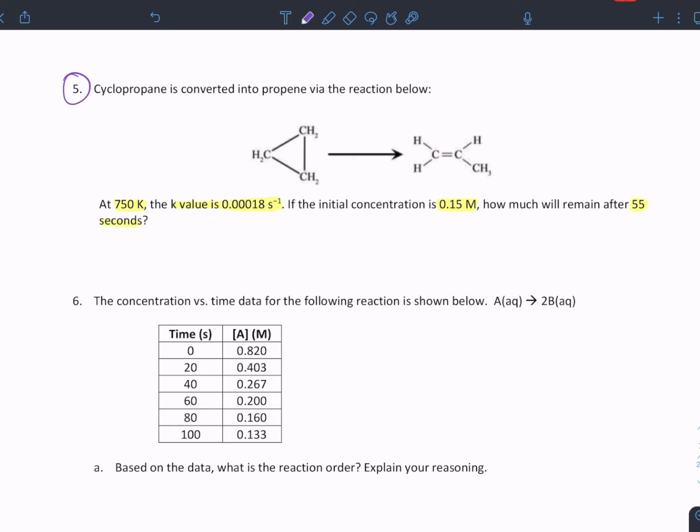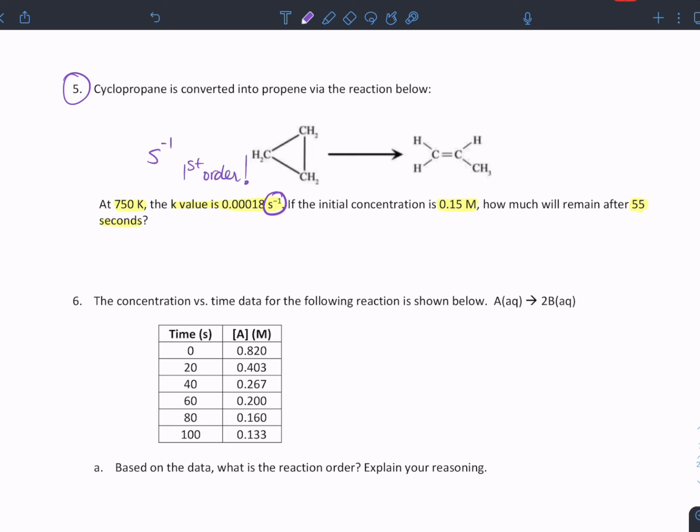Okay, this one is great because we have a little clue in here. And that clue is our unit on K. The unit on K is seconds to the negative first, which is going to let us know that this is going to be a first order reaction.